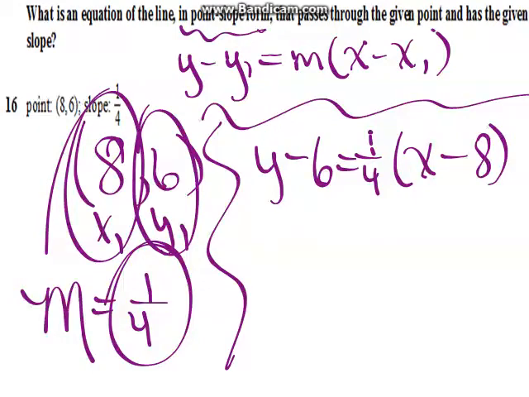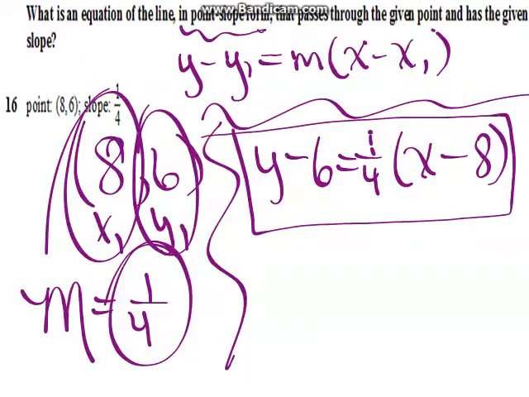At this point, you would go through and clean up any signs like plus, minus, minus, plus. We don't have any of those. Ours is straightforward. So that is our answer. y minus 6 equals 1/4 times x minus 8. And you leave it in this form because it matches our formula. You don't distribute the 1/4, you keep it just as it is. That's our answer.